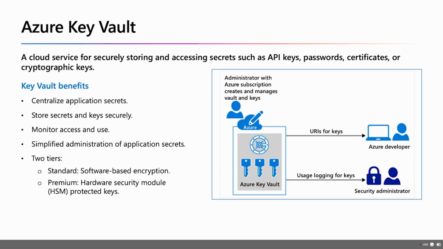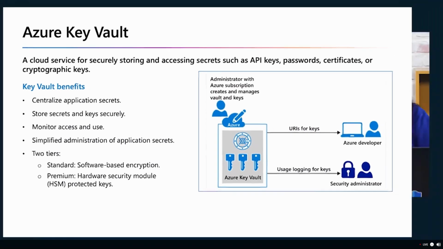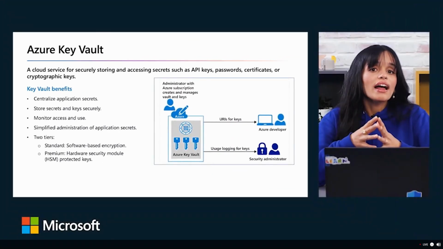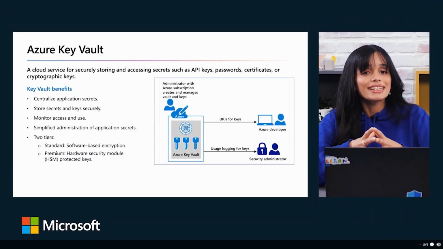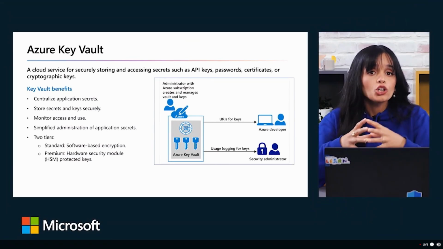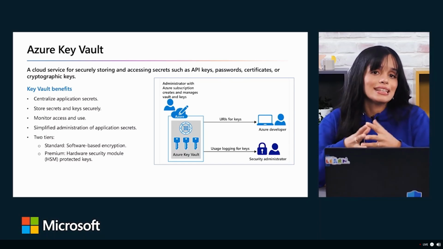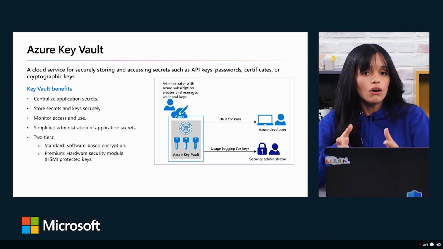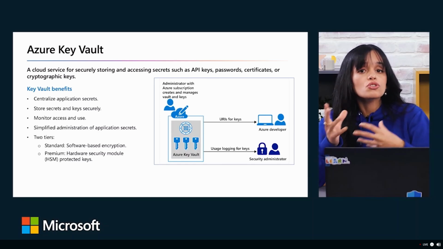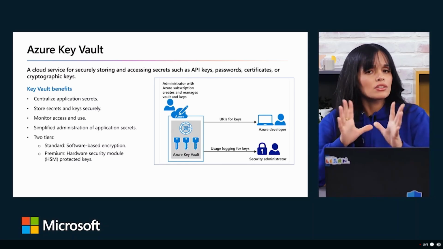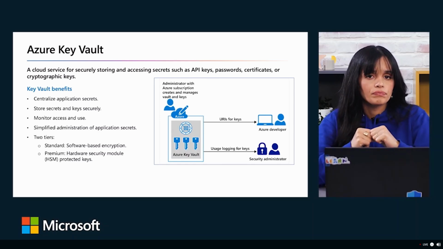Once you are authenticated, you need to be authorized to perform certain operations on your secrets and keys. You can use either Azure RBAC or Key Vault Access Policy to grant or deny permissions to your secrets and keys. For example, you can allow some users to read your secrets but not write or delete them.